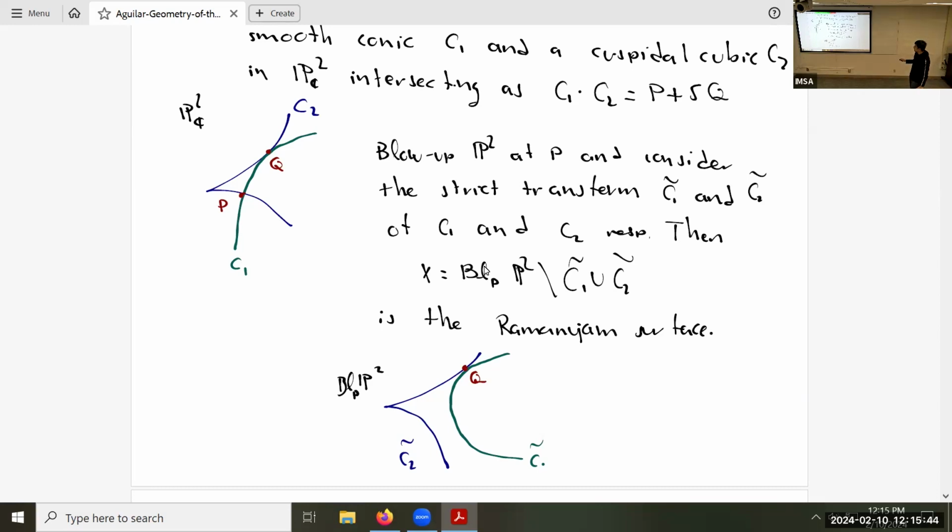You remove the strict transforms of C1 and C2. And this is the Ramanujam surface. Okay, so you remove these two strict transforms in the blow up, and that's going to be X.